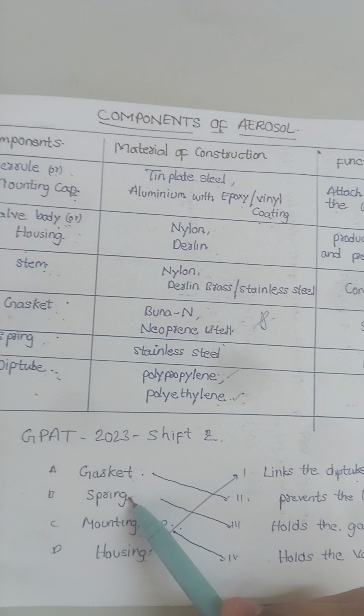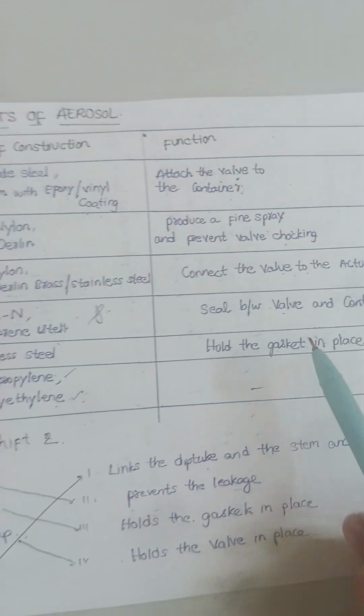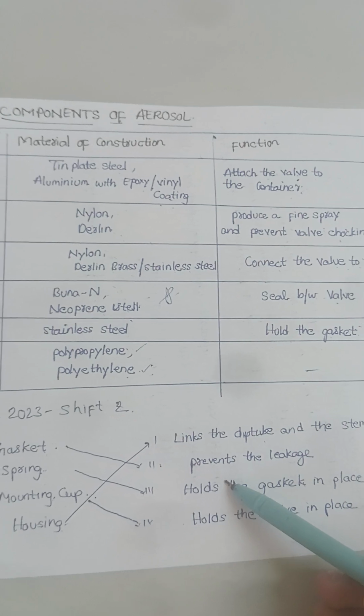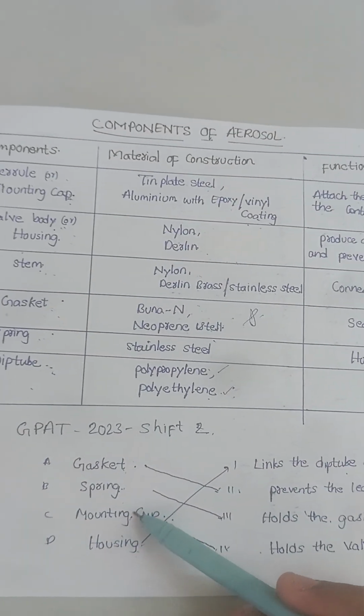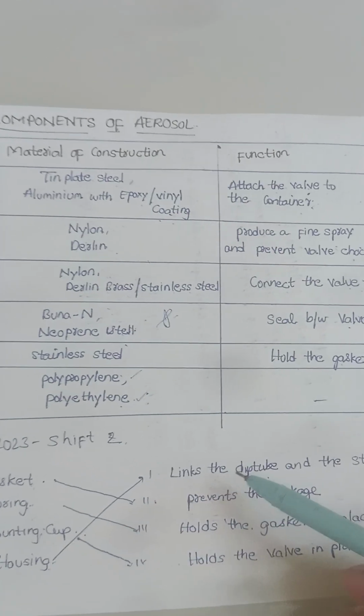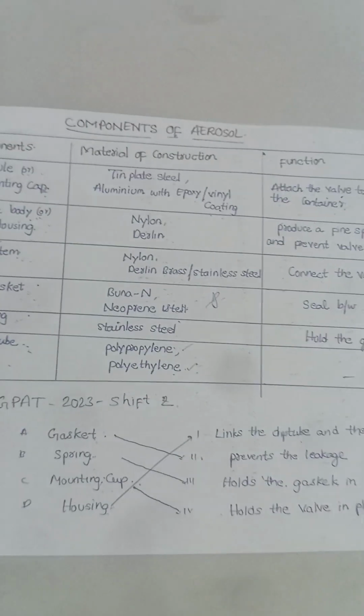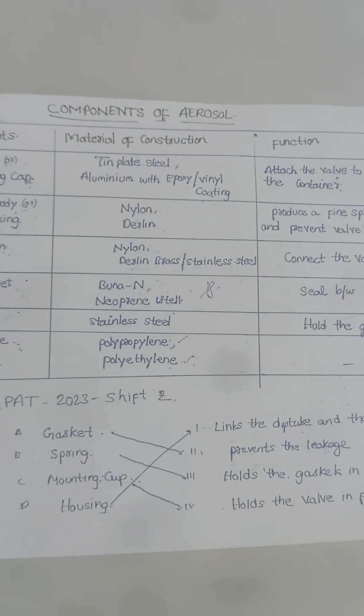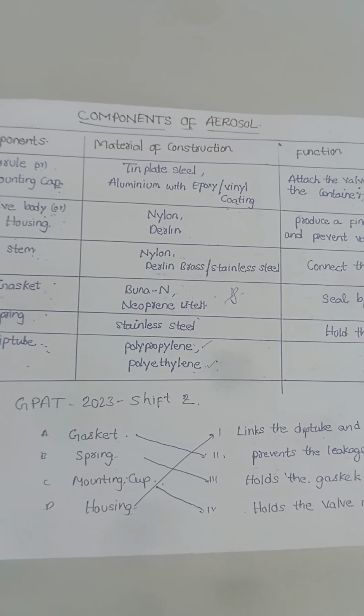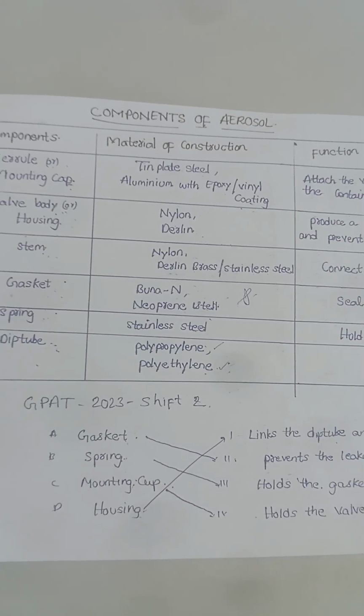The next is your spring. Spring helps to hold the gasket in place. Next is your mounting cap, which holds the valve in place. And your housing links the dip tube, the stem and the actuator. So a very easy, straightforward question which was asked in the GPAT 2023 shifted 2 paper.